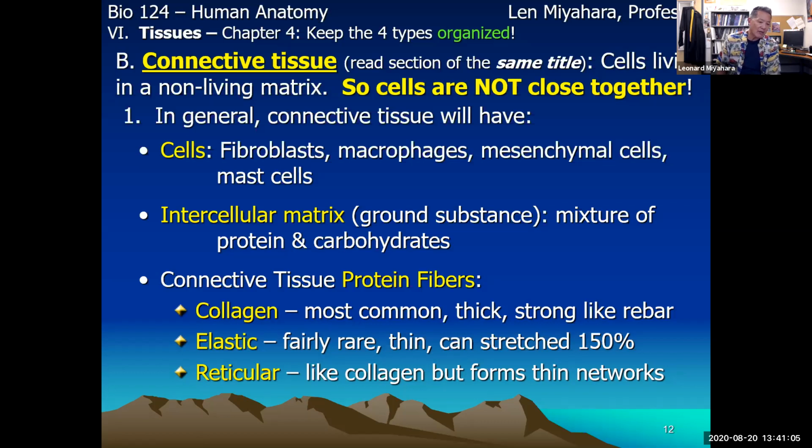Where it is relevant, collagen fibers are going to stain pink. I would write the word pink next to collagen. Where it is relevant, elastic fibers are going to be stained black. I would write black next to elastic.